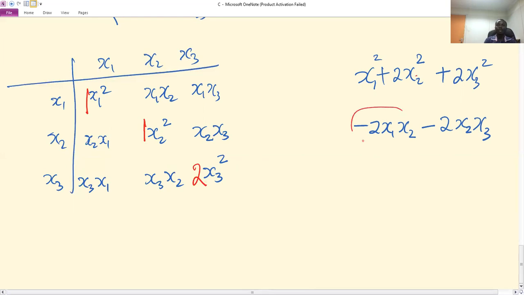When it comes to x1x2 in this position, the product x2x1 is the same. So you divide the coefficient of x1x2 by 2 and write one number here and another number here.